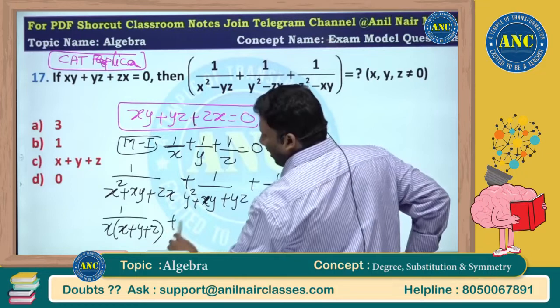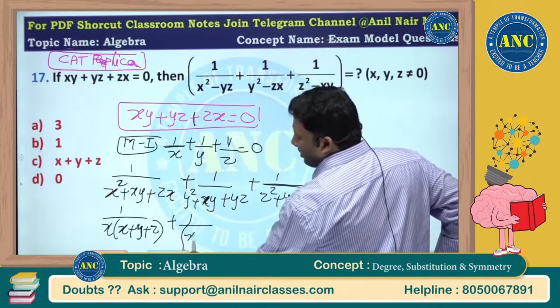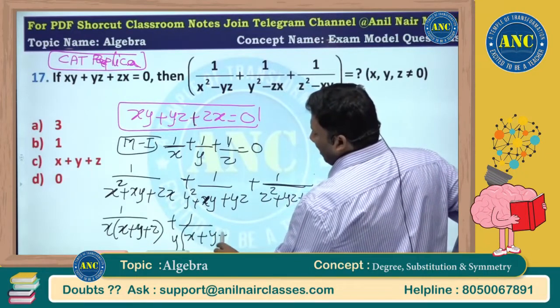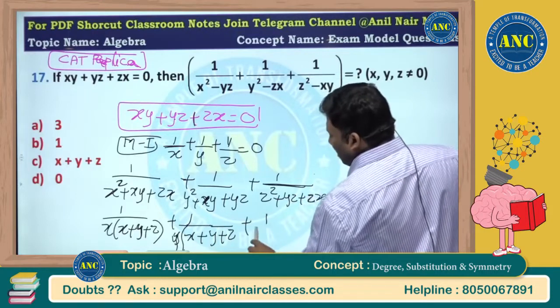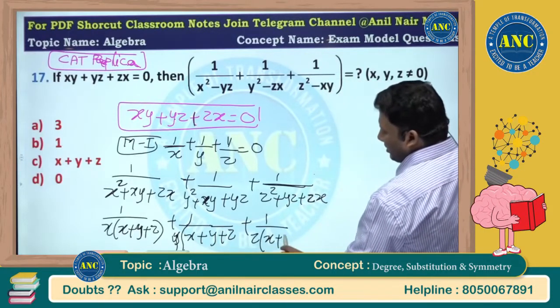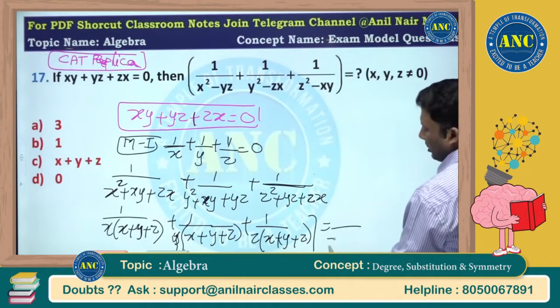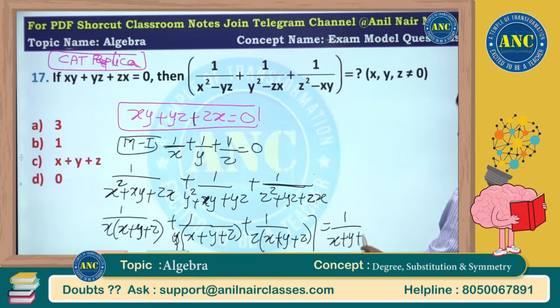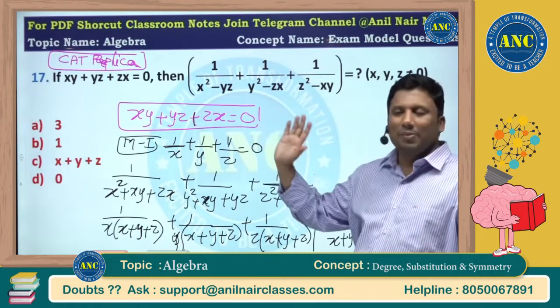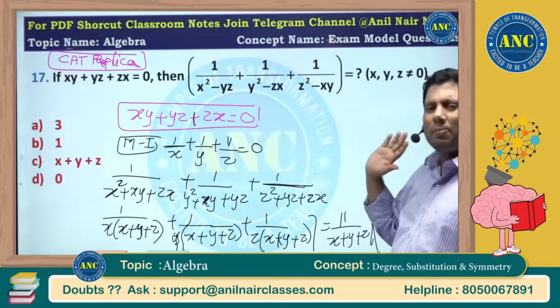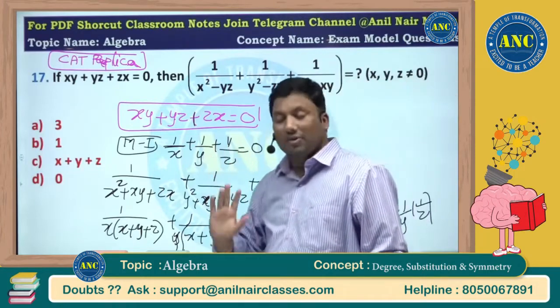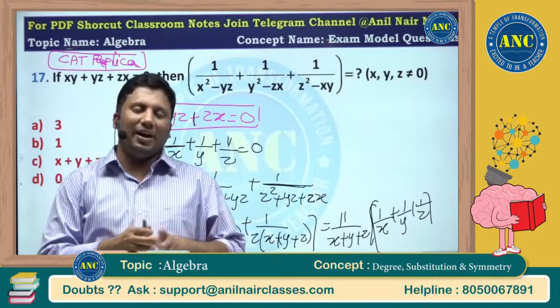Again, if I take y common, this is x plus y plus z. Again, if I take z common, this is x plus y plus z. So if I take 1 by x plus y plus z common, this is 1 by x plus 1 by y plus 1 by z. Answer is 0. 0 by anything 0. This is a standard process to solve this question, which you will find in any of the algebraic textbook.